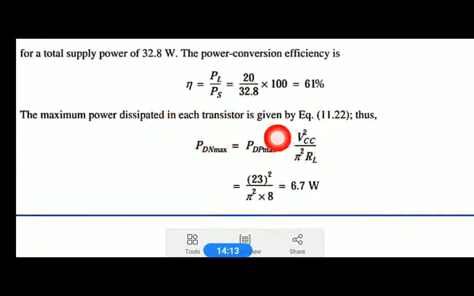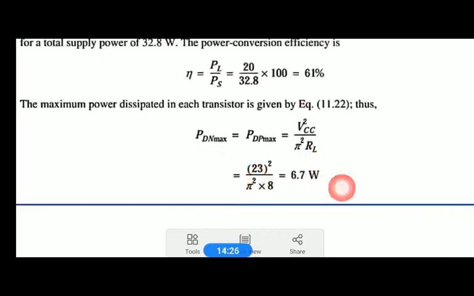The maximum power dissipation for an individual transistor, PDN max, is VCC square by pi square RL. So substitute the values of VCC square, pi and RL, which is also given. Then it is 6.7 watt for individual power dissipation. If you multiply this by 2, you get the total power dissipation.